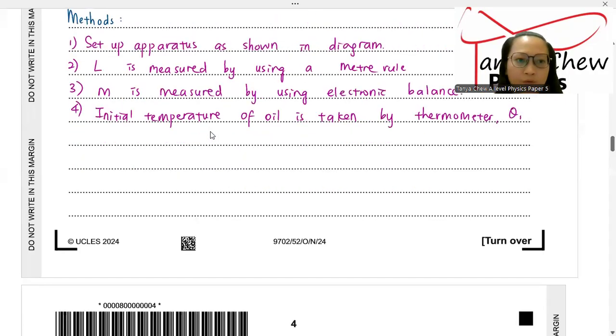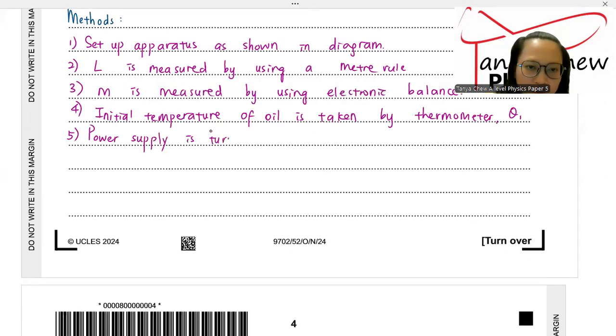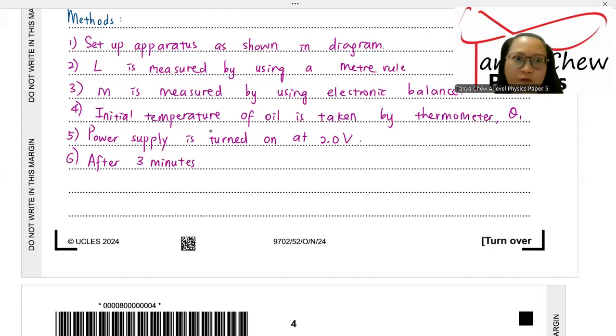And then after that, I turn on the power supply and make sure the power supply is turned on at 2.0 volt, just give a value. And after that I use my stopwatch. After maybe 3 minutes, you can give your suggestion, or you say after 5 minutes, it's up to you. The time is actually up to you.